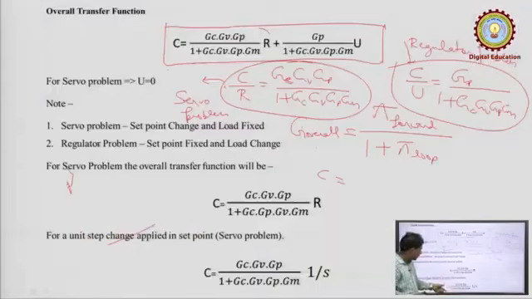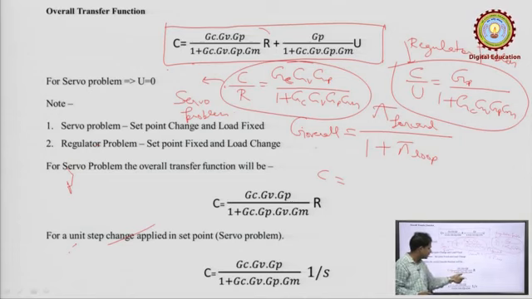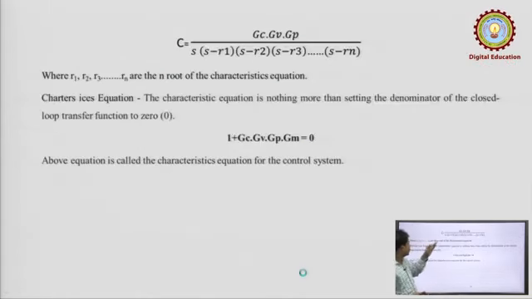So, I am taking the servo problem, C by R equal to GC GV GP upon 1 plus GC GP GV GM, and I am giving the step change, so R equals 1 by S. For a unit step change I take 1 by S in the form of the Laplace transform, because u(t) is converted to 1 by S. So, you will get C equal to GC GV GP upon some roots of S in the denominator.